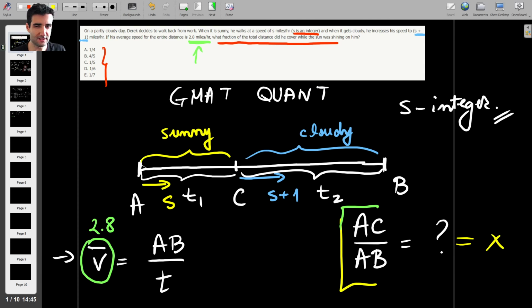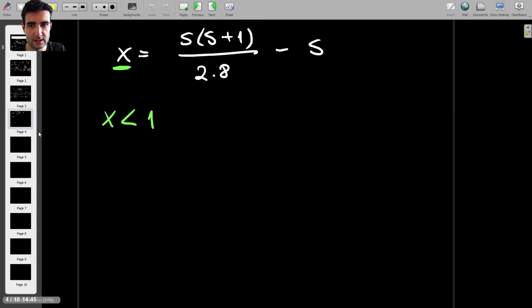It doesn't make sense to say that the sunny part of the distance is bigger than the total distance itself, right? So clearly AC over AB has to be some number between 0 and 1. And actually all the fractions shown in the choices are all between 0 and 1, so we can't cancel out anything just from that.